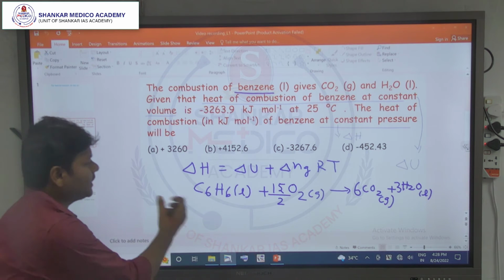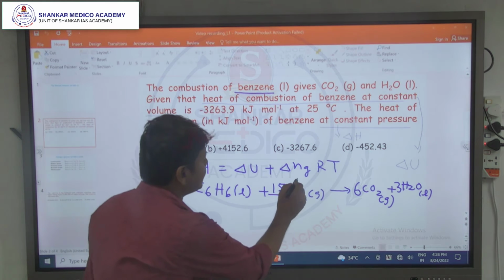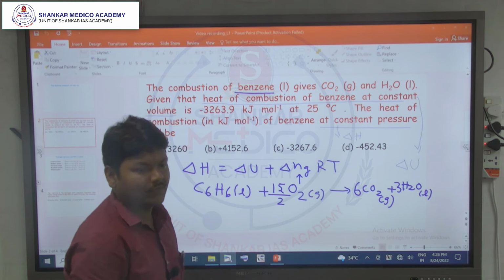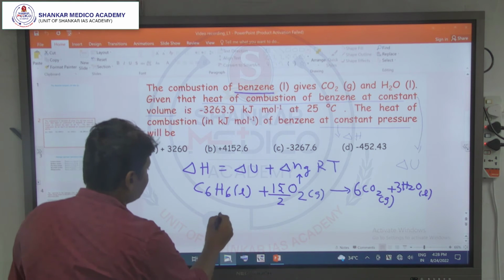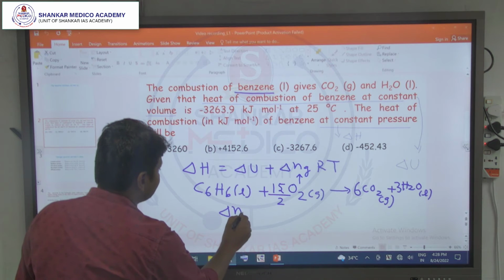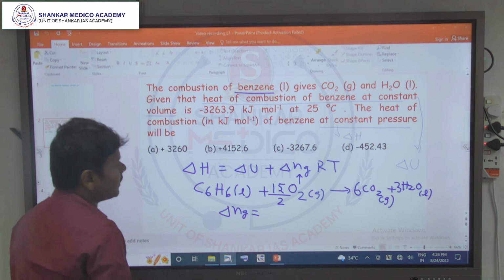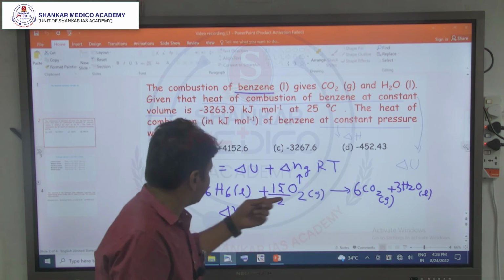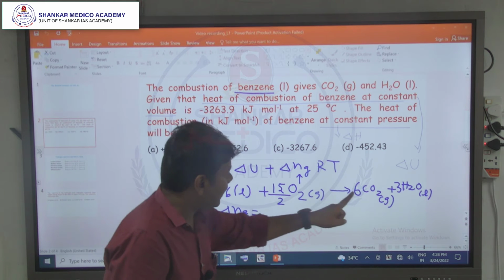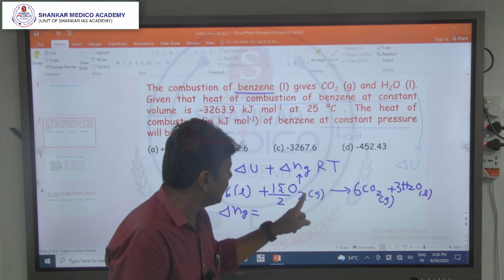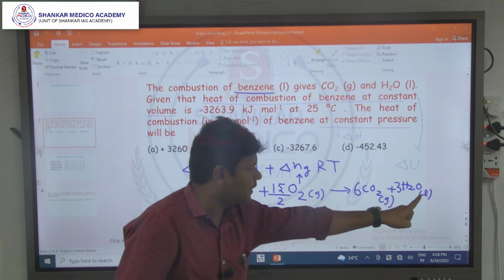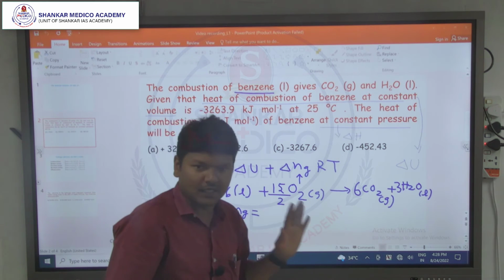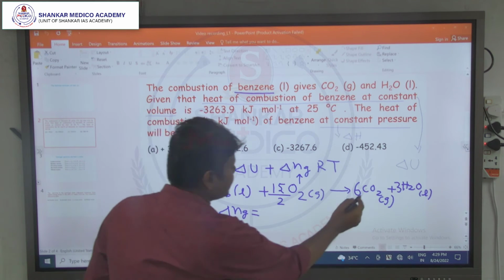Why I am solving this one? Because I want delta Ng. What is the delta Ng? Delta Ng is nothing but number of moles of products minus number of moles of reactants. Again, those species involving only gases. We should not write for the liquids or solids. So, what is the gaseous species here?